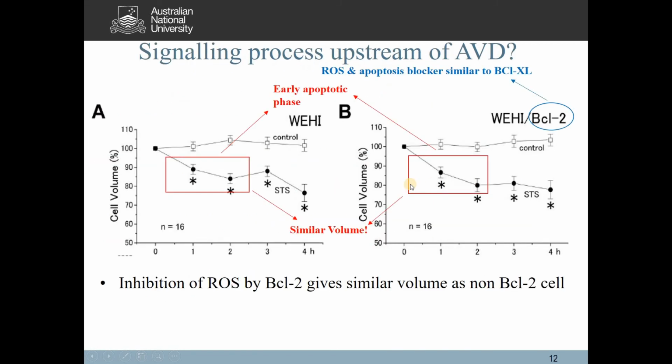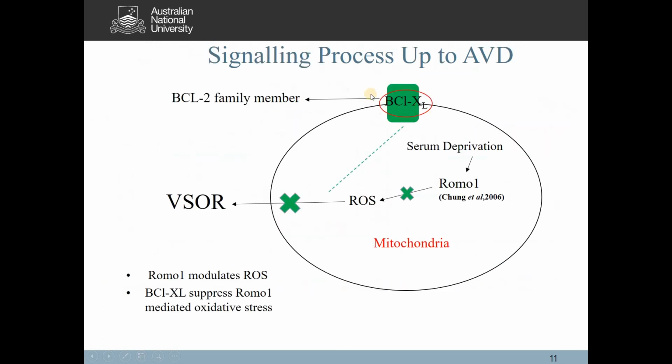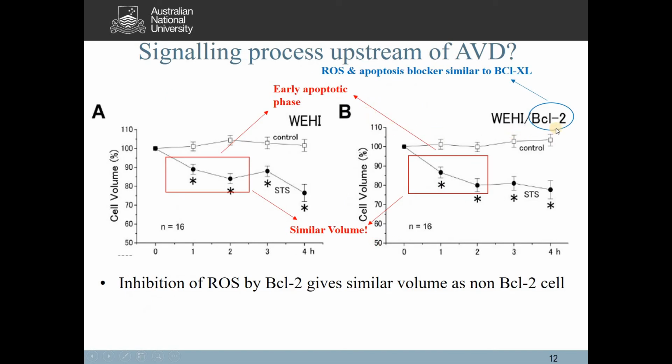But let's see here in other data. It's a bit hairy, but just get a vibe here. If we induce with BCL2, which is a member of this, and if you don't induce it with BCL2, this is the STS, the intrinsic pathway. In the presence or non-presence of BCL2, you will still get a similar decrease in cell volume.